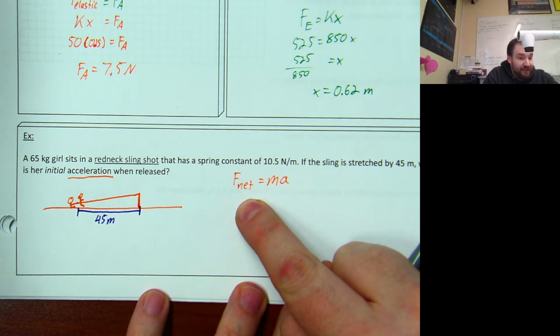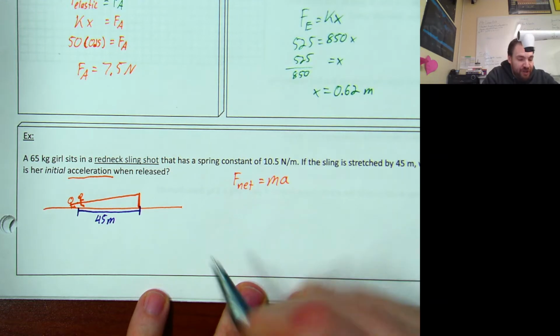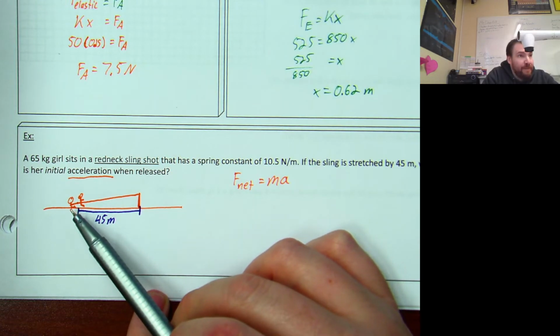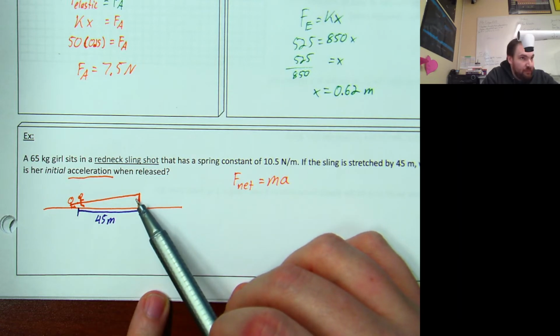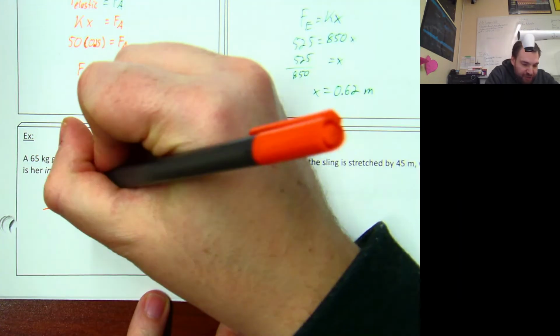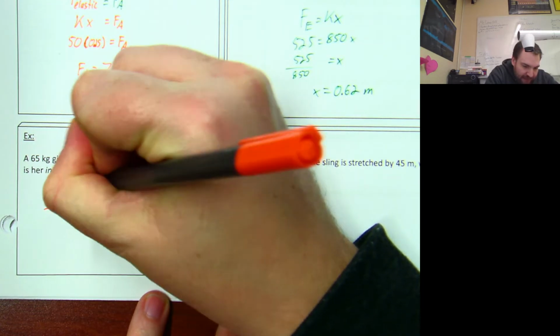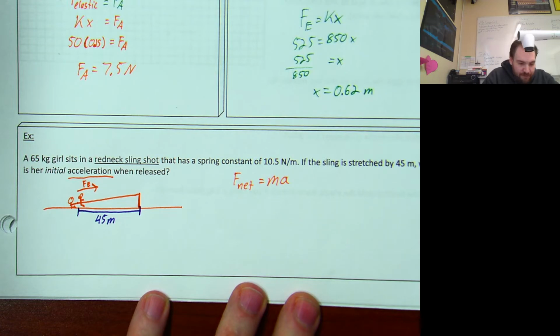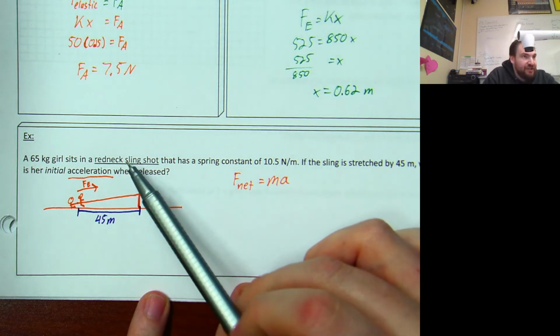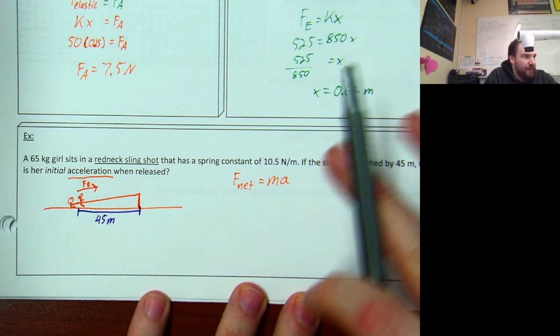The only force acting on her in the direction of motion when Buddy lets go is the elastic trying to get back to normal, right? So there's going to be a massive Fe, we think anyway, in that direction. Redneck slingshot, this is also like a water balloon slingshot, same idea, but way bigger.